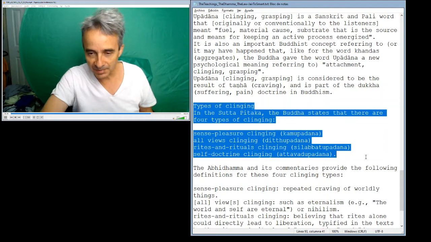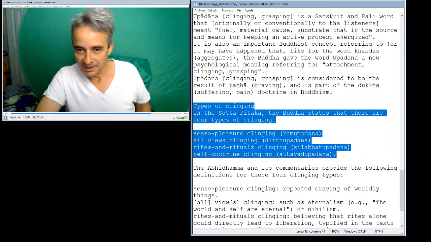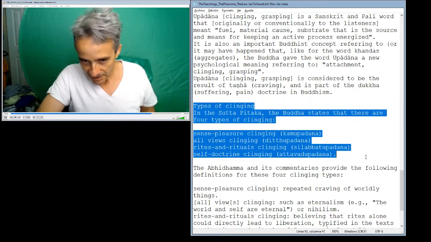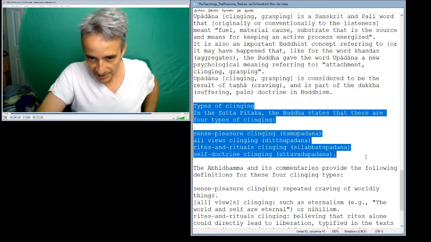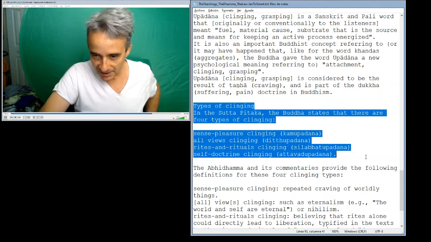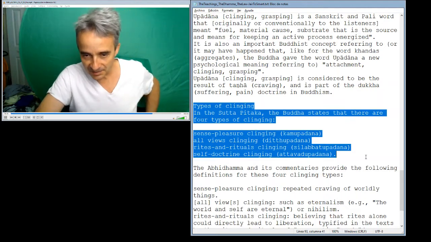So sense pleasure clinging, that's in Pali, kamupadana. It's a repeated craving of worldly things. And view clinging has to do with eternalism, nihilism, those isms.